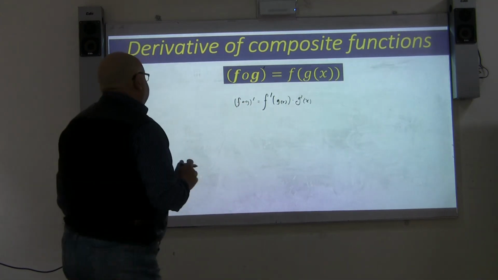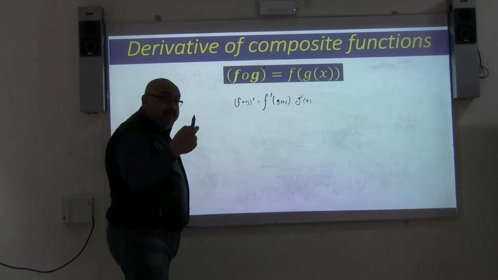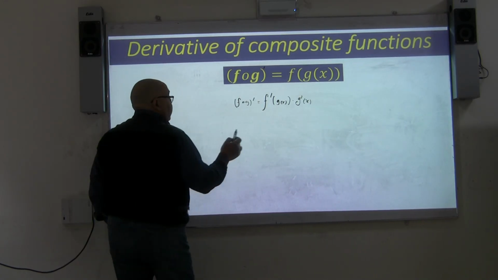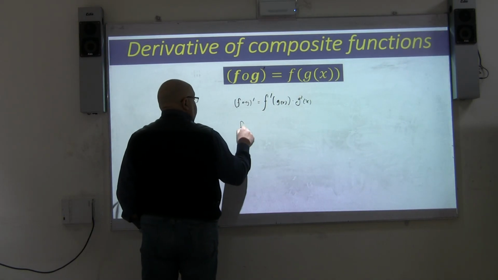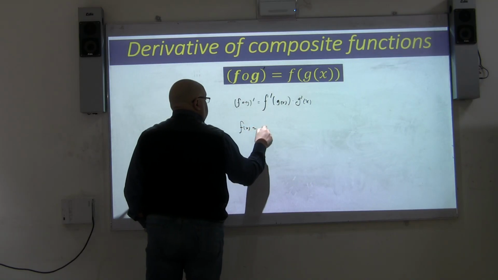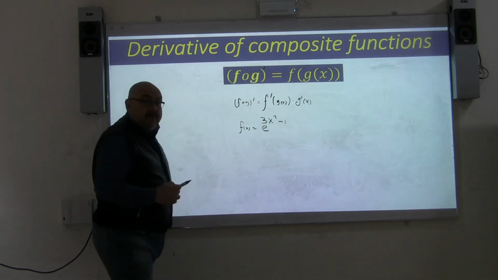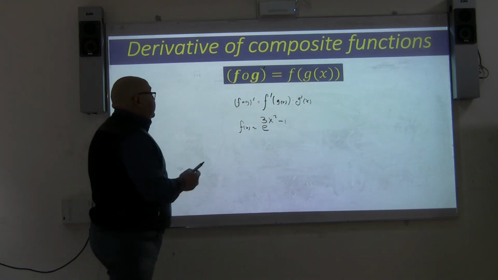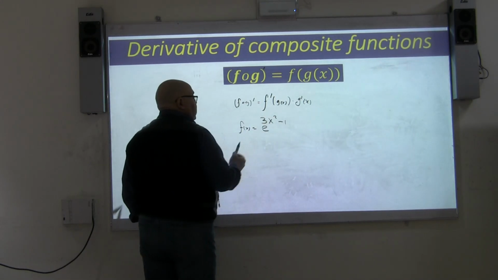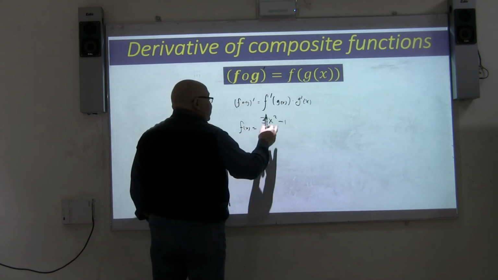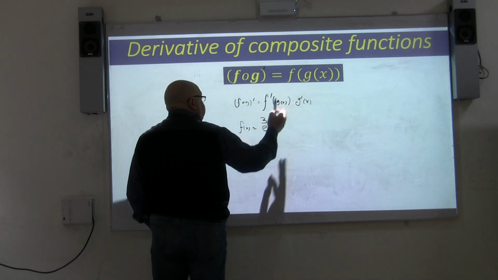And this can be applied to the same problem that we were in. So if I want to differentiate, for example, f of x equals e to the power of 3x squared minus 1, I have two functions inside each other. I can relate this problem exactly to this law.